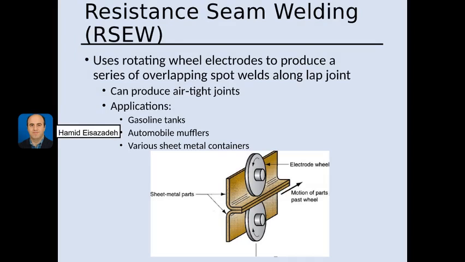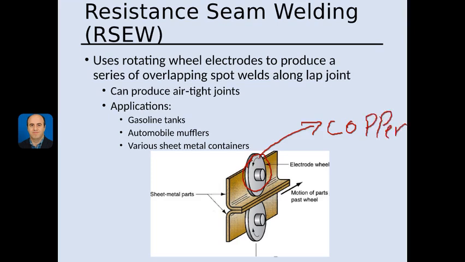Resistance seam welding is one of the resistance welding processes. In this process, we have a rotating wheel electrode. This is an electrode, but it is rotating, and it is made of copper. The main reason, as I said before, is so it doesn't spend energy at the electrode.